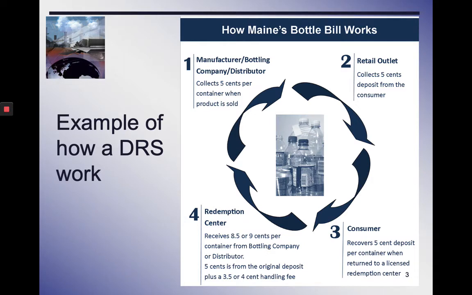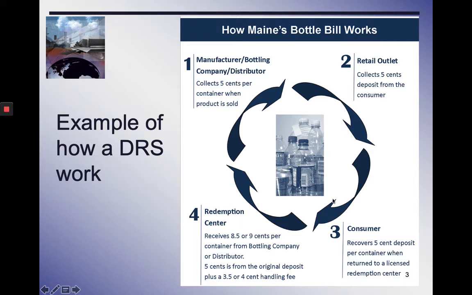We have the retailer. Retailer is the shop selling the drinks along with the bottle. Manufacturer collects 5 cents when the product is sold to retailers, and retailers will also collect 5 cents of deposit from consumers. Okay, consumers also pay. Since the retailer collects, it means the consumer has paid to the retail outlet, and the retail outlet has paid this 5 cents to the manufacturer. So that's how it went just now.